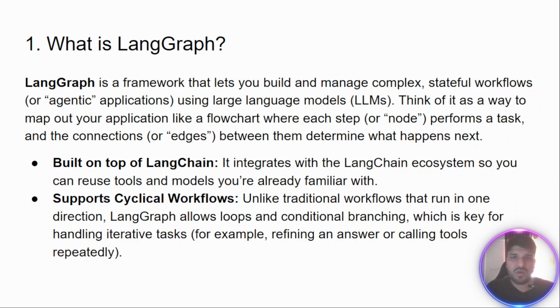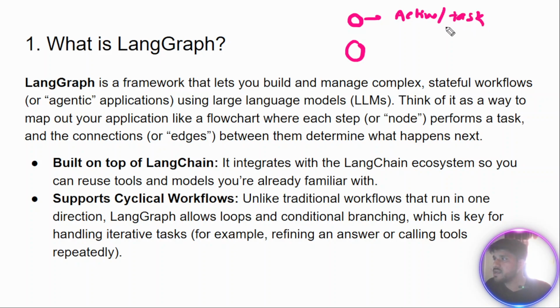When I say workflow, it means a specific flow chart kind of application. This flow chart comprises nodes and edges. It is a basic flow chart; I think everyone is aware of how a flow chart works, right? There is a node, and this node is nothing but an activity, or I can say a task.